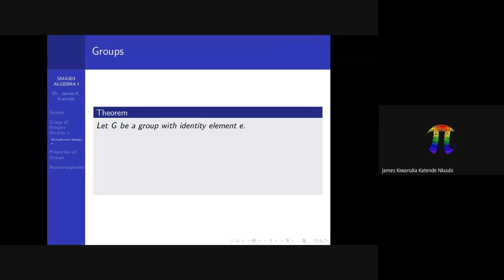So here is a theorem. It says let G be a group with identity element E. Suppose we have two elements, E prime and E double prime. Again, this has nothing to do with calculus. We're just using this to differentiate the two elements.